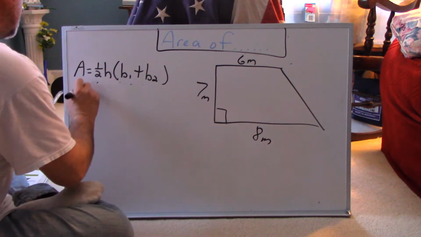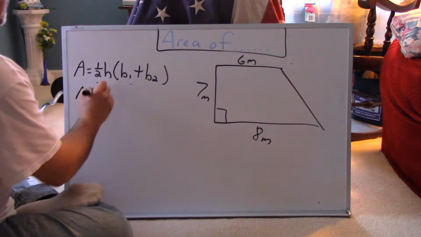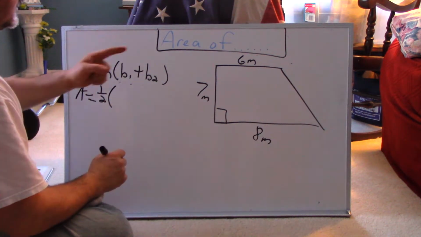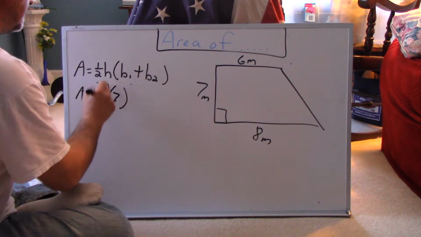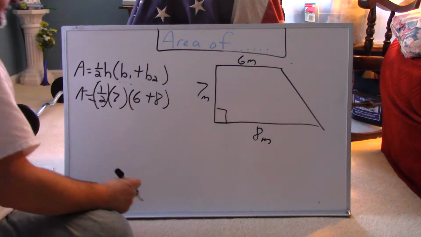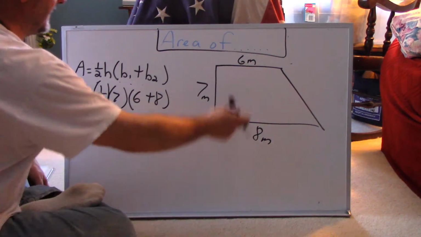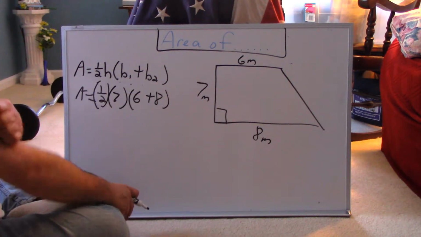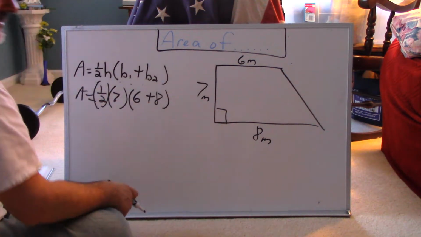Okay, let's do it. 1/2 the height, 7. Base 1, 6 plus 8. And you can make that base 1 or base 2. It doesn't matter. Sometimes the books put this base 1, this base 2. It doesn't matter.